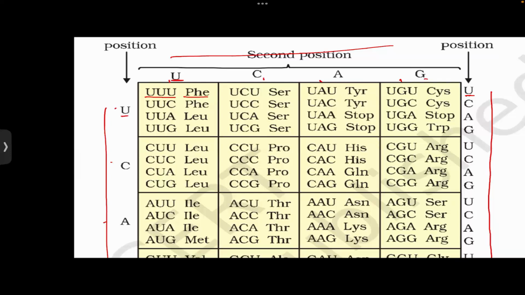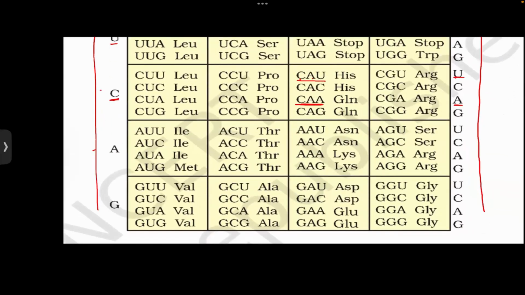Okay. Similarly, if you see here, this particular codon, C, A, U. So it has made a codon CAU, which codes for the amino acid histidine. Similarly, here also, look at this codon, C, A, and then A, CAA, GLN, that codes for, I guess, glutamine.